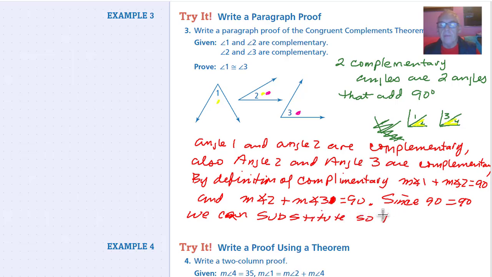So that measure angle 1 plus measure angle 2 equals measure angle 2 plus measure angle 3.